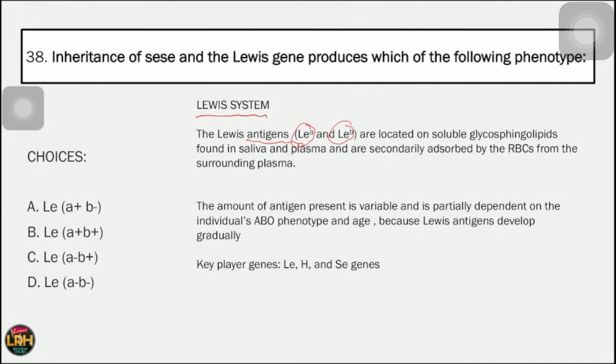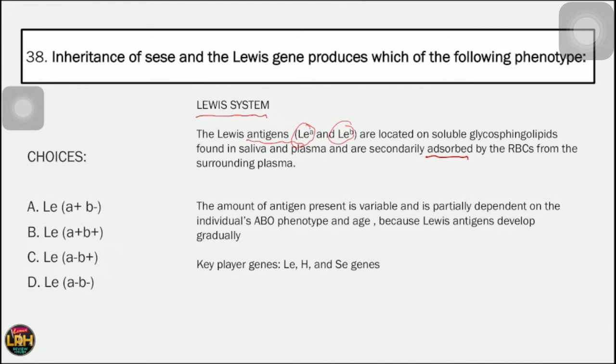These are passively adsorbed by the red blood cells from the surrounding plasma. These Lewis antigens are quite unique, unlike other blood group system antigens, because they are not intrinsically created within the red blood cell membrane. They are passively adsorbed rather than produced on the red blood cell membrane.